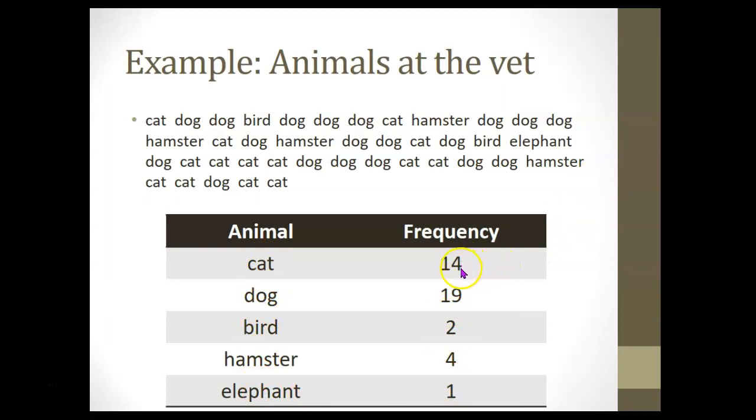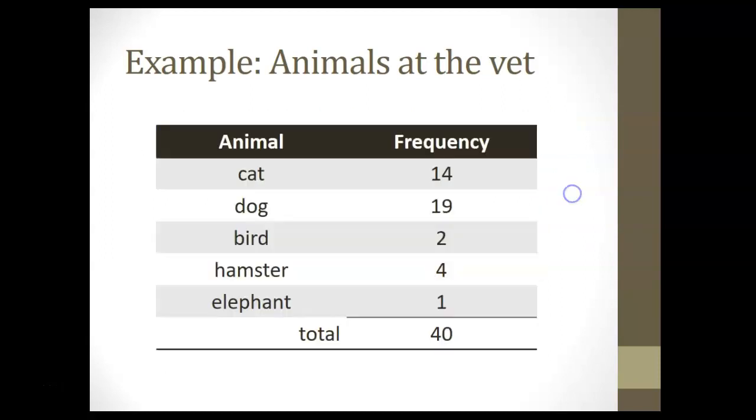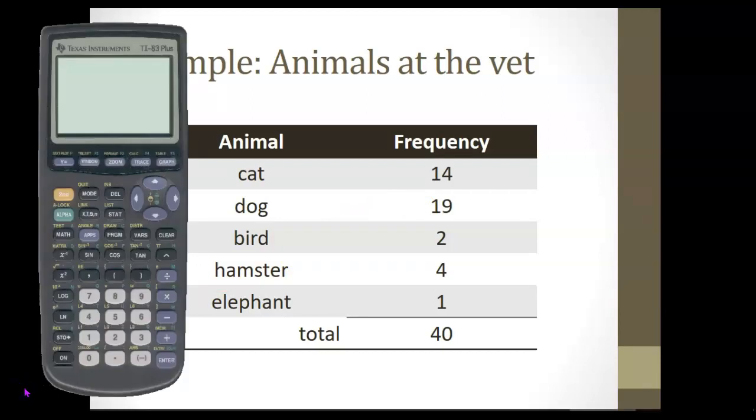And if we add these all together, add up 14 plus 19 plus 2 plus 4 plus 1, it's a total of 40. So out of those 40 animals, 14 were cats, 19 were dogs, and so on. What if we want to show the relative frequencies? Well, for this I would get my calculator and I would take each frequency divided by the total, which is 40.